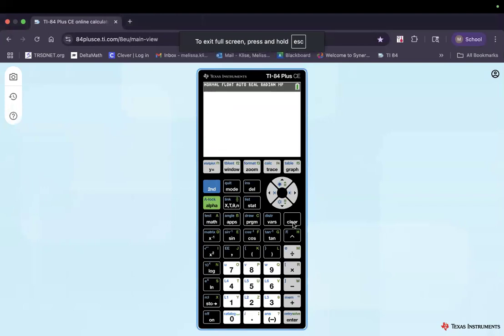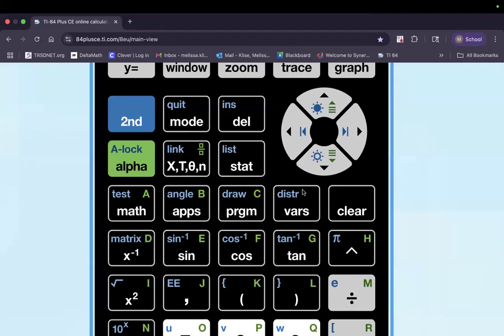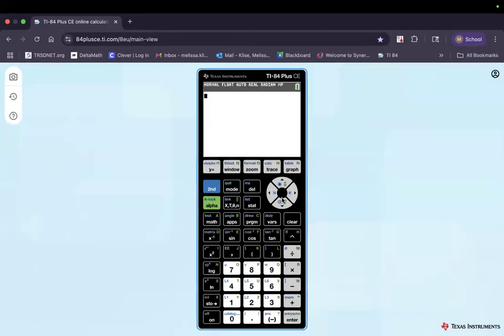Okay, clear this out. All right, the way that we get there. Notice this button right here that says VARs. Above VARs, it says DISTR. This is distributions. We're looking at a probability distribution. So that's why we want this distribution button. I'm going to hit second, and then VARs.